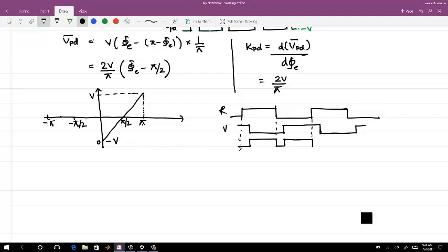So this will turn out something kind of this. I'm just extending it. Okay, I think this can be redrawn. This is VPD. Is this clear to everyone? It's just an XORing of the signal.